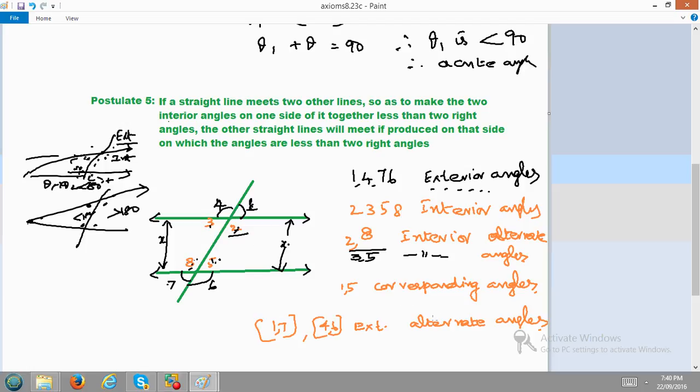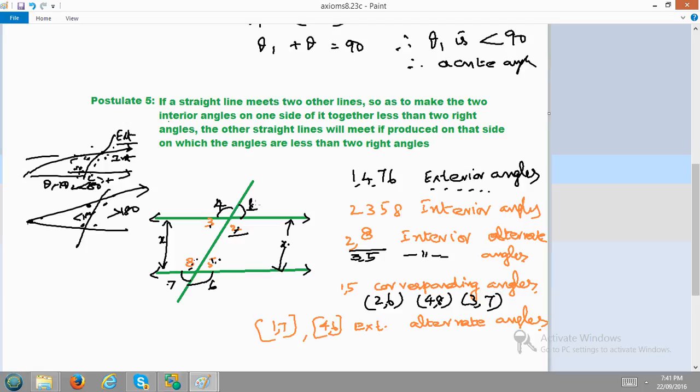What are corresponding angles? Not only 1 and 5, but also 2 and 6, this pair 4 and 8, and 3 and 7. These are called corresponding angles.